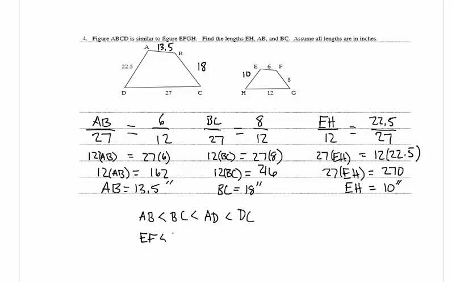So FG is less than AD's similar side, so 10, and that's our next shortest, EH. And the largest side on the smaller figure is HG, just as DC is the largest on that figure. And that's our video on setting up and solving proportions.